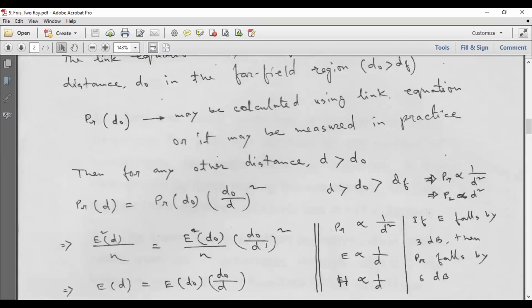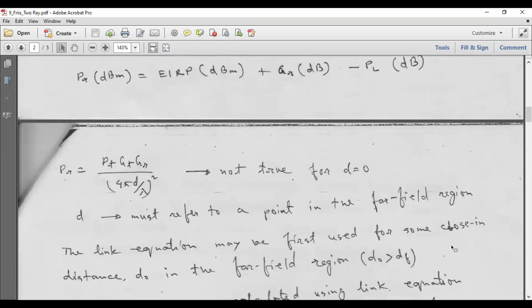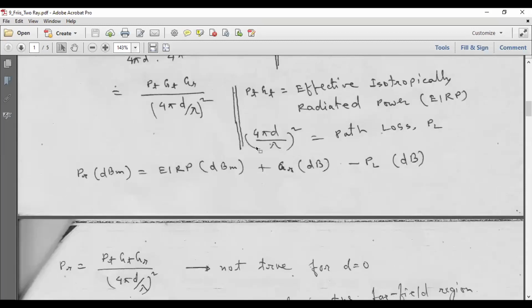Please remember that PR is dropping with D and is inversely proportional to D square, and PL, this part we call path loss, because as the denominator increases, you have more energy losses on the way.